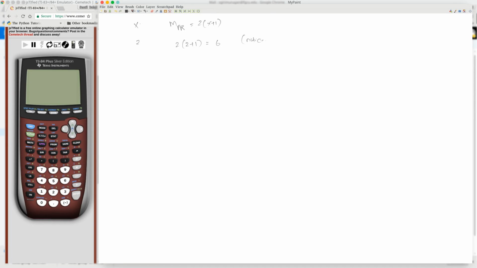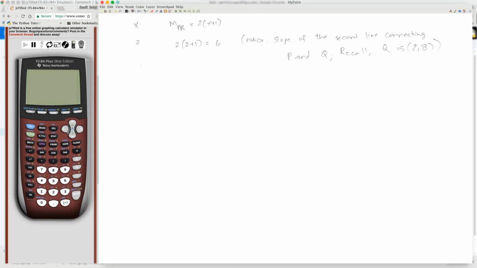Notice, this is nothing but the slope of the secant line connecting P and Q. And recall, Q is (2, 8).